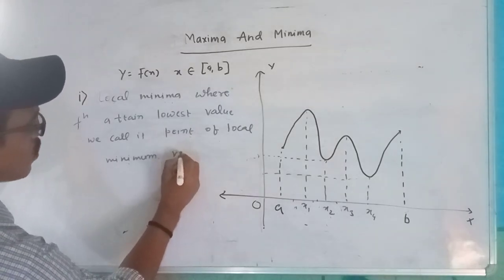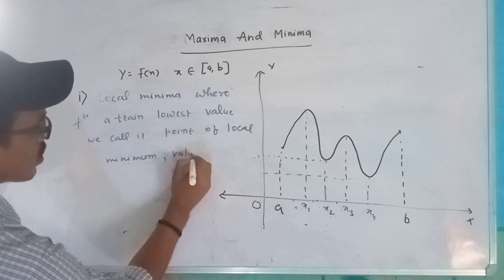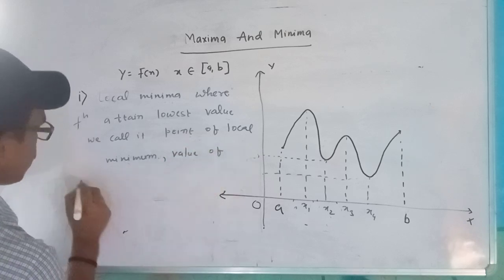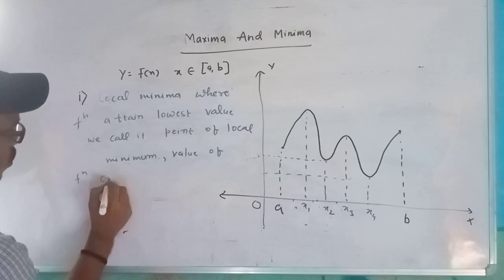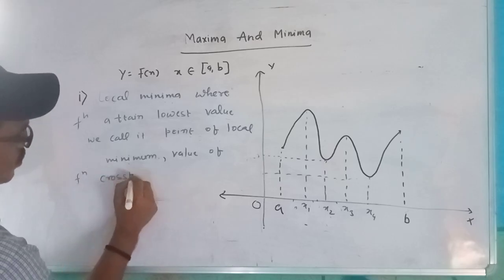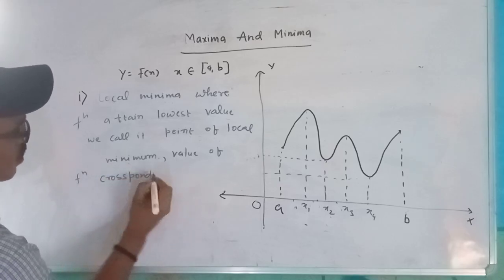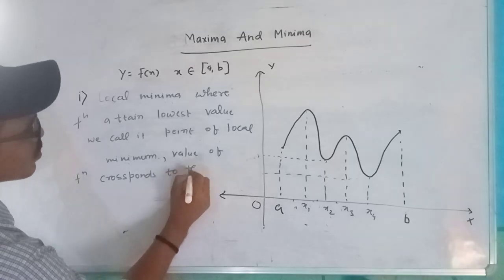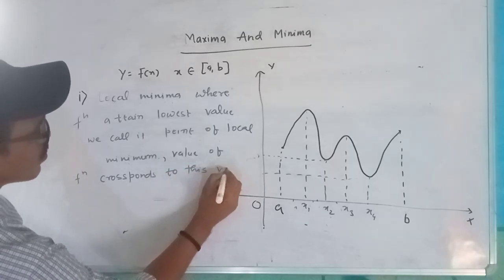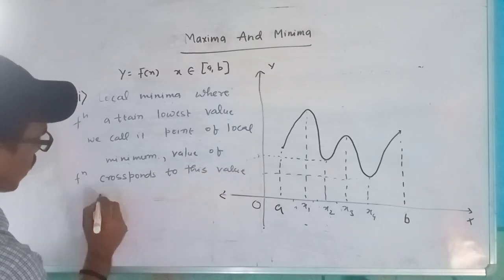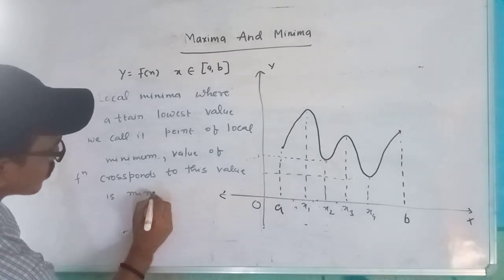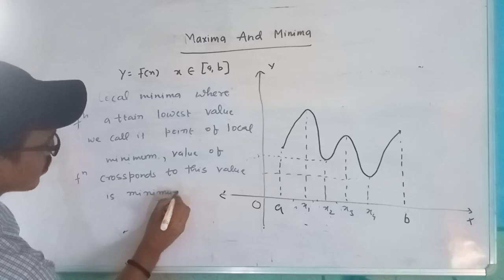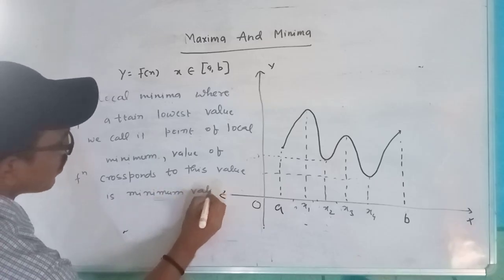And the value of the function corresponding to this point is the minimum value of the function.